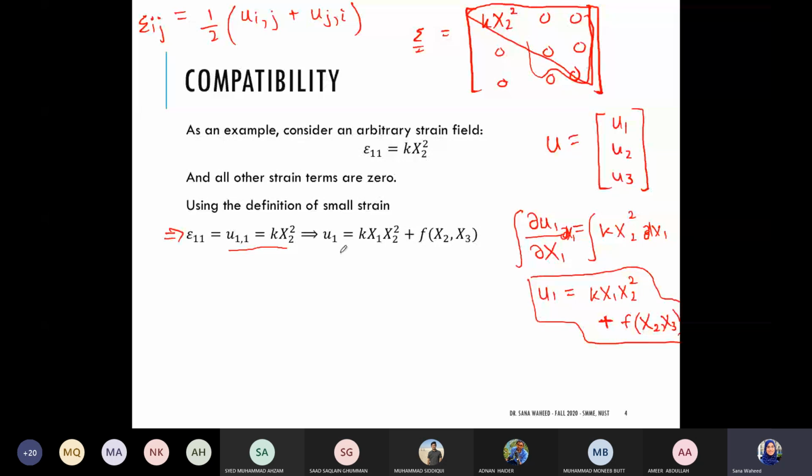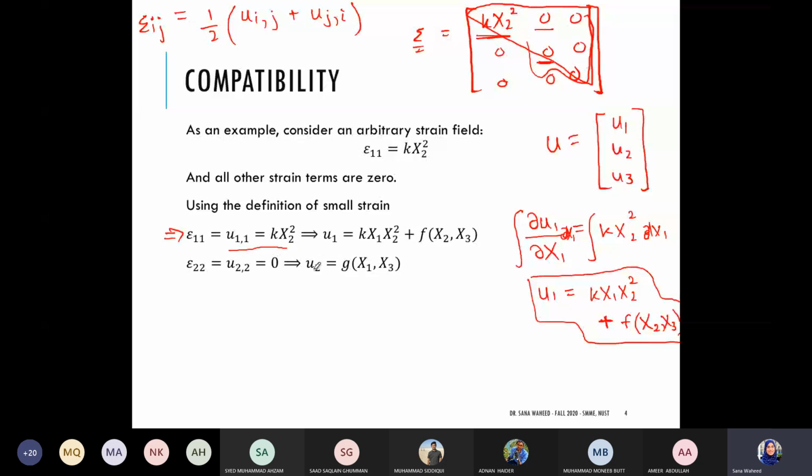Now let's see, my epsilon 22 is 0. I'm moving on to the next one, jumping to finding these three. I used epsilon 11 to find u1. Now I'm going to use epsilon 22 to find u2. Similarly, when I integrate epsilon 22, I will find my u2.